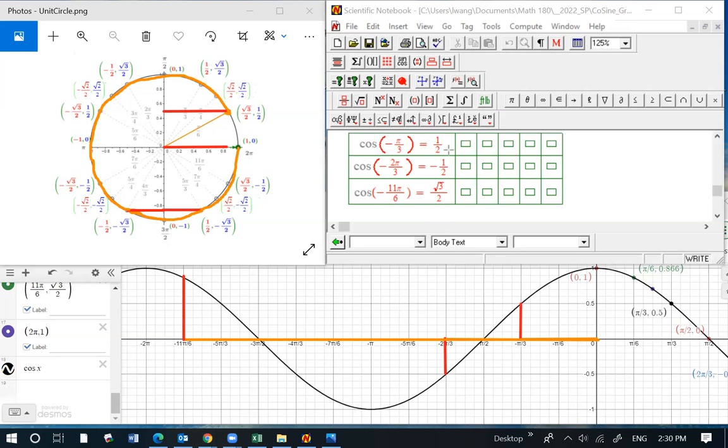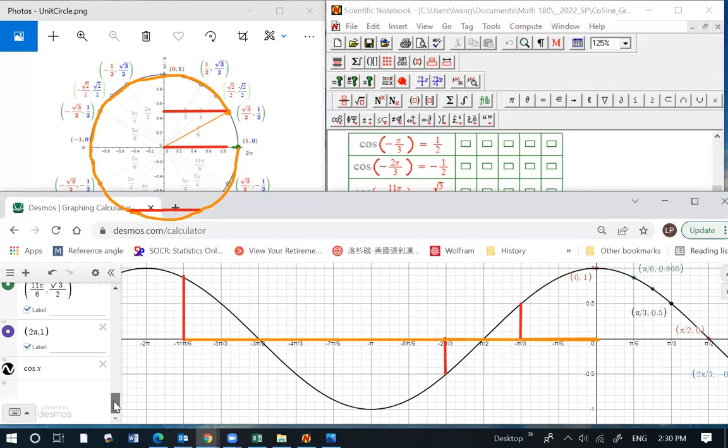So now their respective points. And this point for that one, I think I'm going to mark it this way. Negative pi over 3, if you guys could see it. Sometimes we have too much.